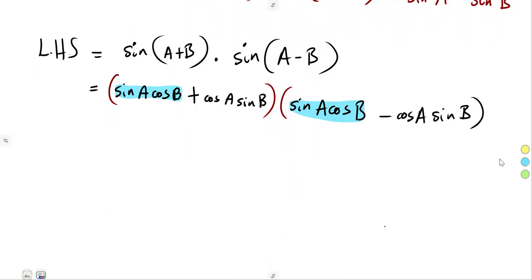The cos of A, sine of B, is a single term again. Separated, plus here, minus there. What is it that we understand about this? A difference of two squares.